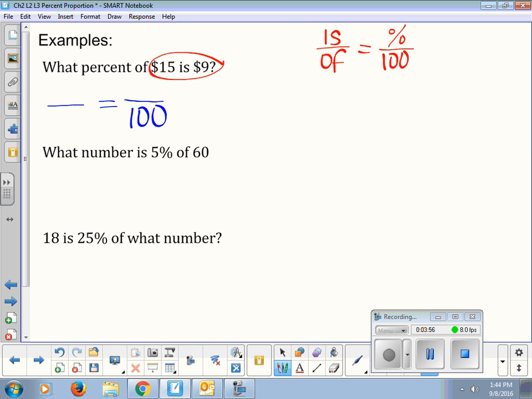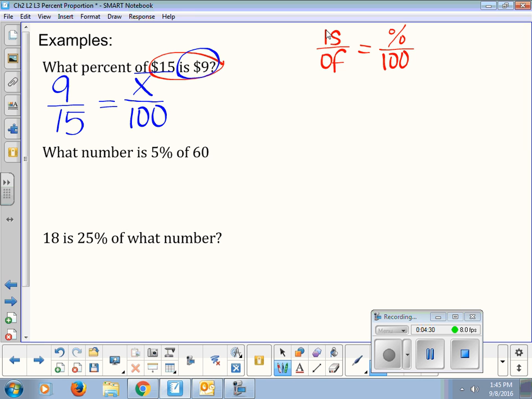Do we know this value in the numerator? No, so you can fill it in with a variable. And then we know to fill in our other fraction, it's going to be is over of. What number goes with is? 9. And what number goes with of? 15. So we know that 9/15 is equal to x over 100, and we're going to solve the proportion.